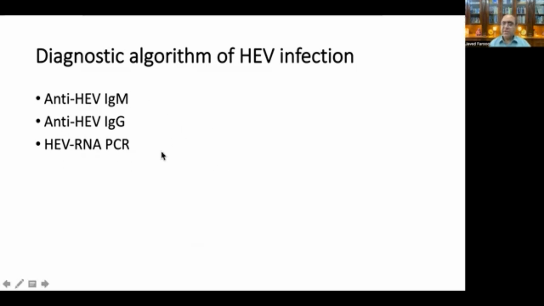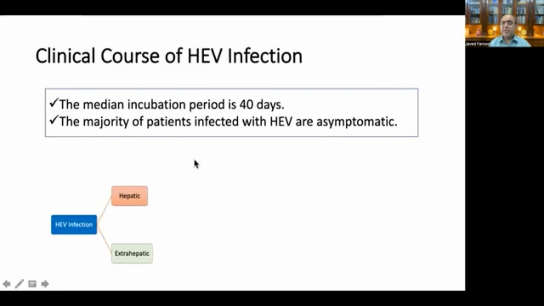So in the diagnostic algorithm, we have two antibodies, IgM and IgG. IgM is for acute hepatitis E, IgG is for past hepatitis E, and PCR is definitely for current or active hepatitis E.